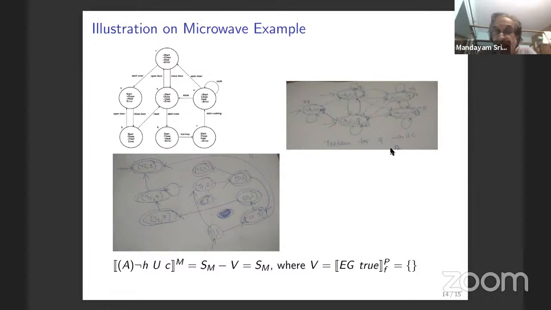Since T1 is a phi state, phi 1 is true in all those states. From every state in these paths, you see T1, T2, T3, T5 all of them are included in here.